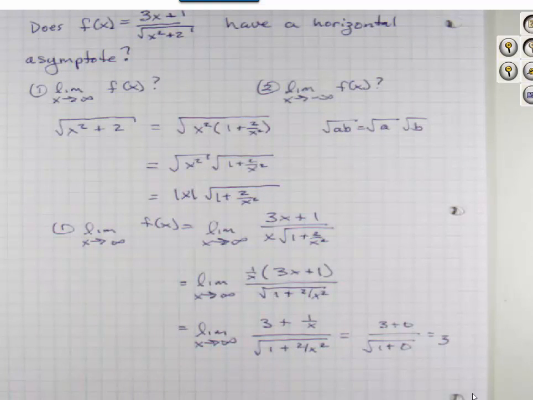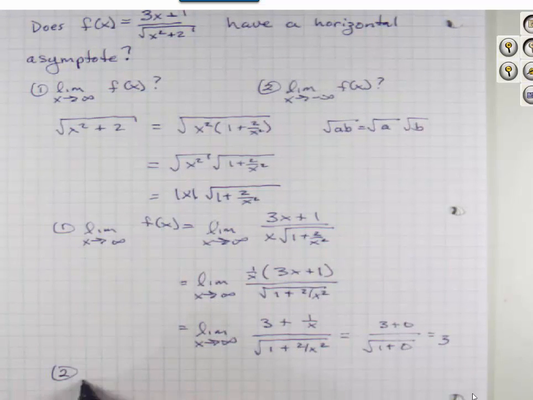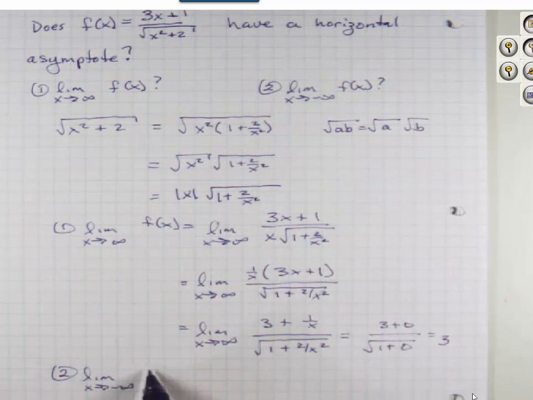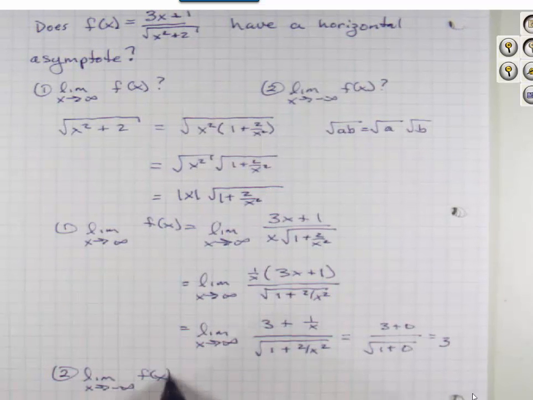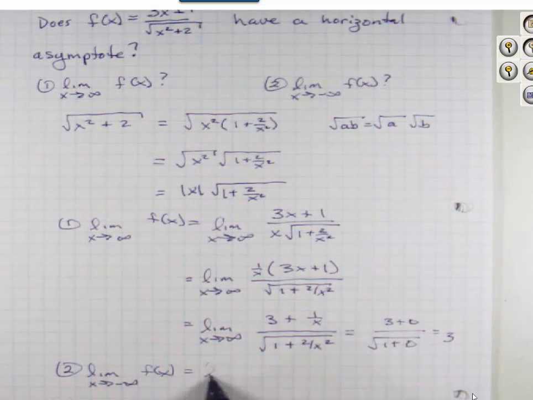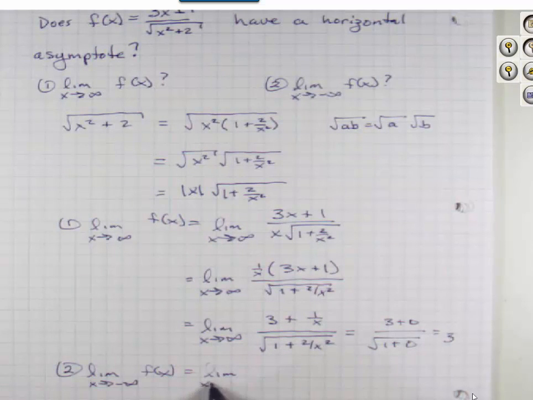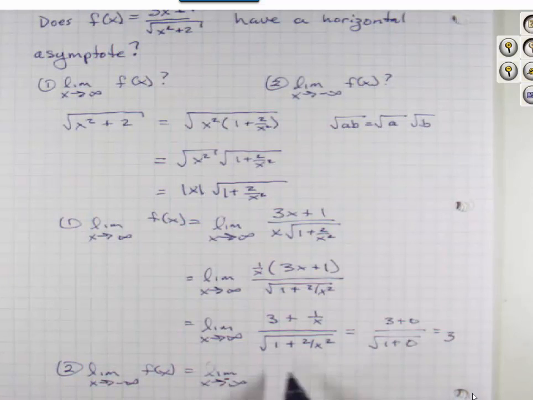The interesting part is what occurs on the left. That's kind of cool, actually. So on the left, we have the limit as x shrinks without bound of f of x. By the substitution property of equality, this is the limit as x shrinks without bound. Now it's almost like what we did before, except for one thing.